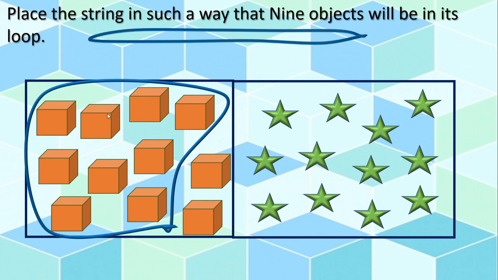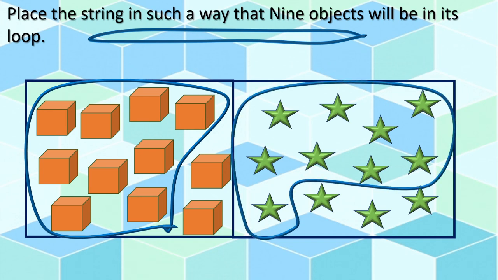See here 1, 2, 3, 4, 5, 6, 7, 8, 9. Now we will select 9 stars from these stars. Okay. Now count. 1, 2, 3, 4, 5, 6, 7, 8, 9. Right? Like this. You have to count and select the number of objects said.